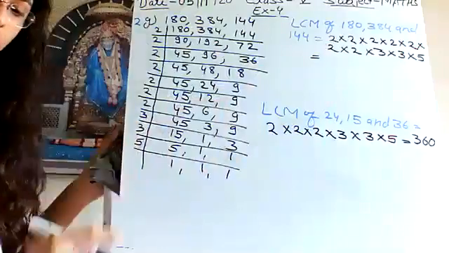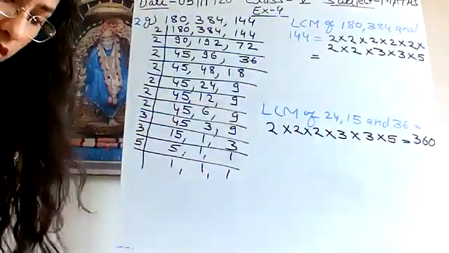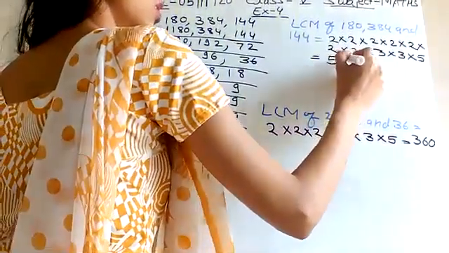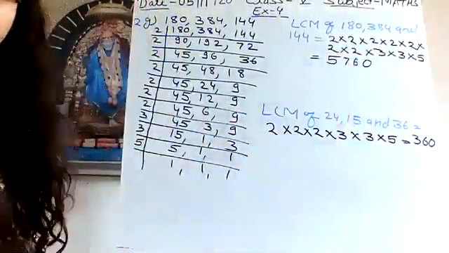So after multiplying, you will get LCM is 5760. Okay?